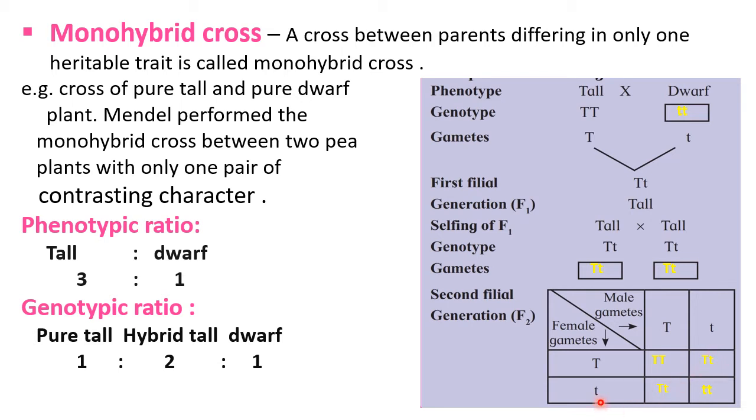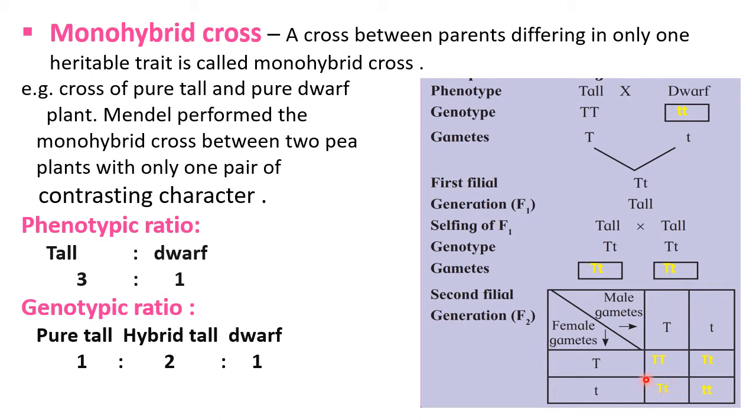Then here we see small t, then capital T, and the combination produced has the genotype capital T small t. Though the small t comes first, as it is recessive, it is written after the dominant term.